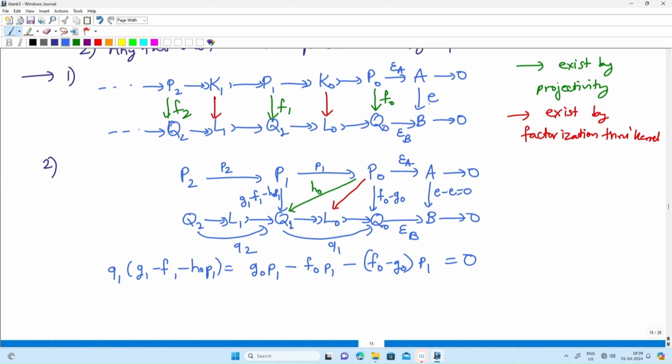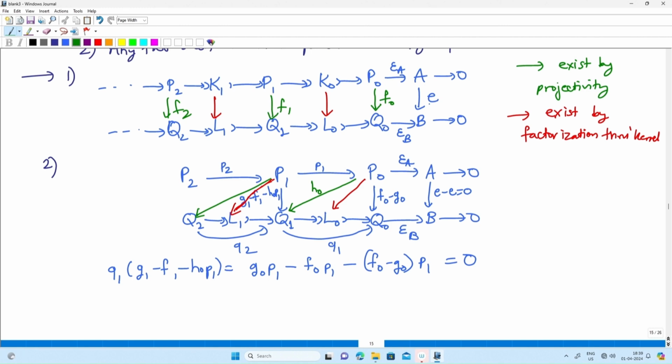Exactly. So it must factor through the kernel of Q1. Right? So Q1 composed with this is precisely this. So therefore, it must factor through the kernel. So there will exist a map here, and therefore there will exist a map here, and then the process will continue.